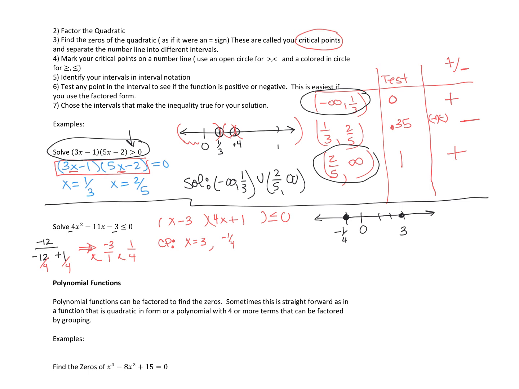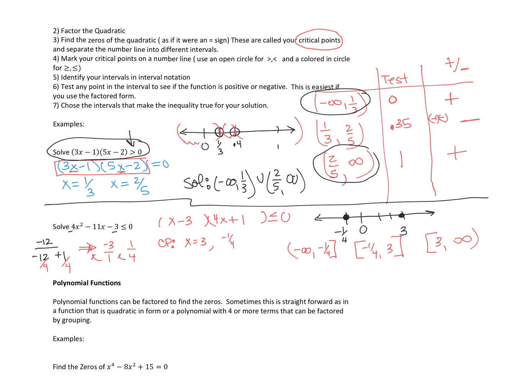So this first interval is going to be negative infinity up to negative 1/4 bracket. We're also going to have bracket negative 1/4 up to 3. And we're going to have 3 up to infinity.